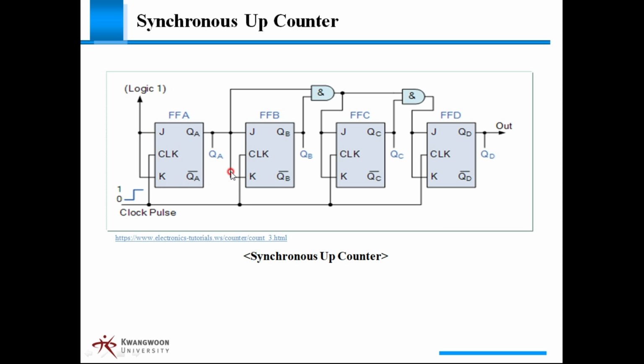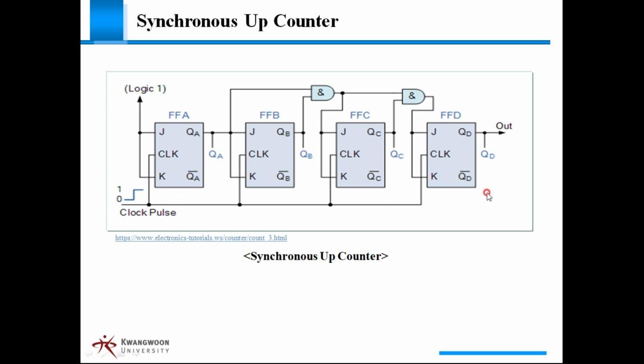In the next step, QA is 1. So if the clock rises, the second flip-flop operates. The second flip-flop's input is 1. J is 1 and K is 1, so QB is converted.